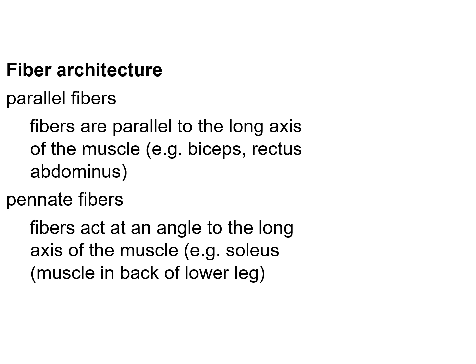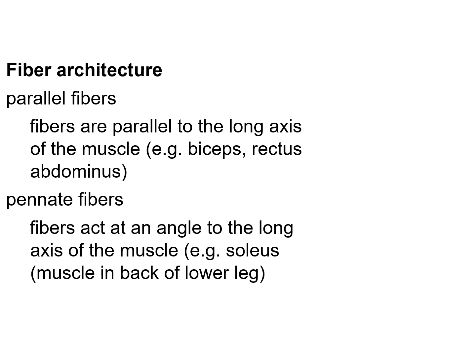We also can look at identifying muscles by their architecture. There are two main types of fiber architecture. We have parallel fibers, as in the fibers are parallel to the long axis of the muscle. A good example of that would be your biceps, especially the brachialis muscle, or your rectus abdominis muscle, basically what you think of when you have a six-pack.